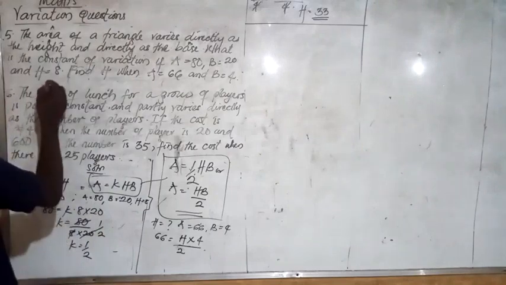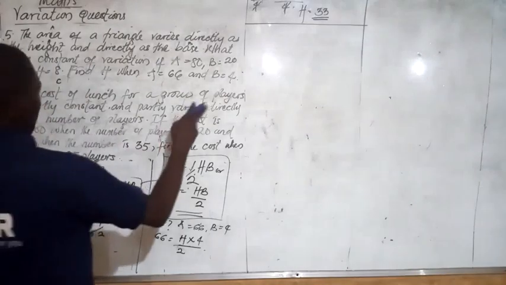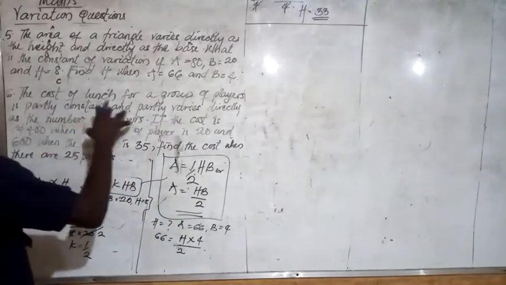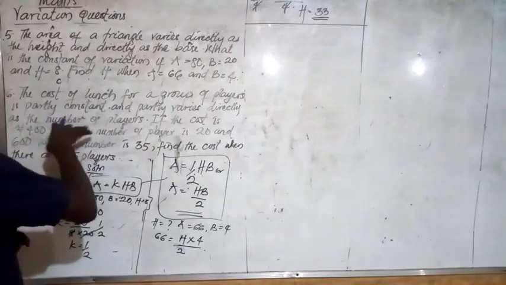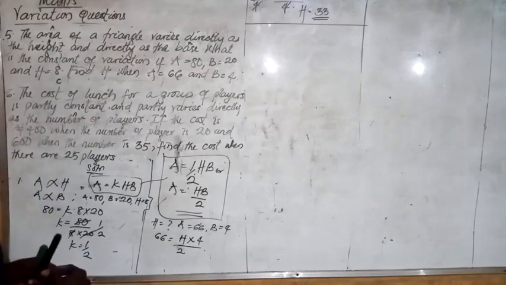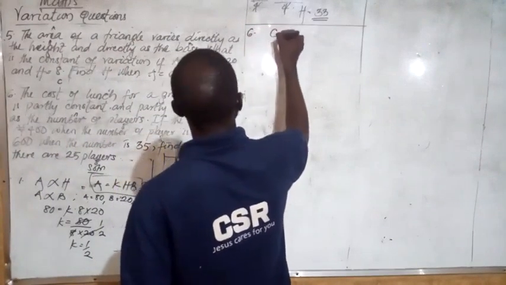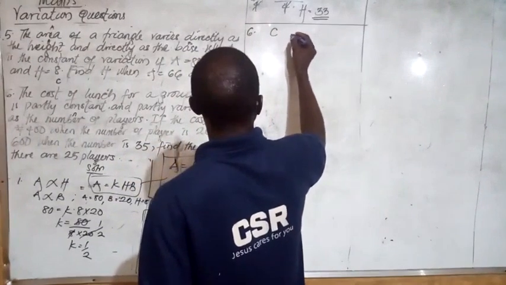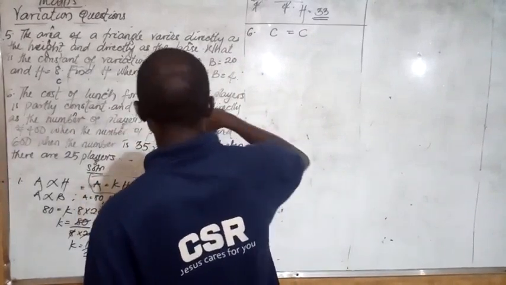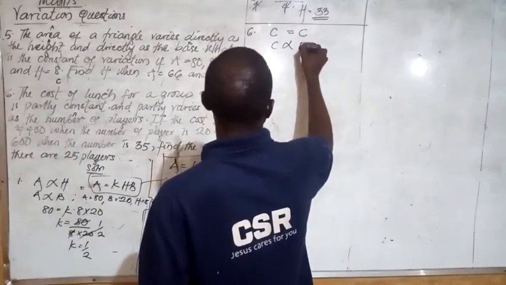We're going to use C for cost. The cost for a group of players is partly constant and partly varies directly as the number of players, N for number of players.